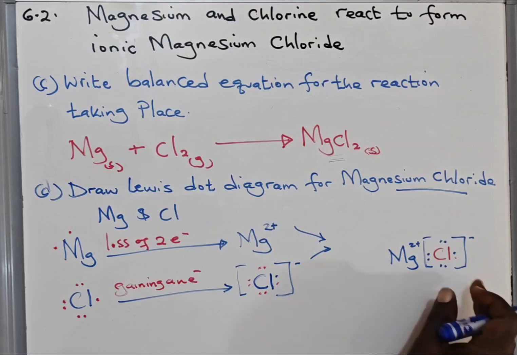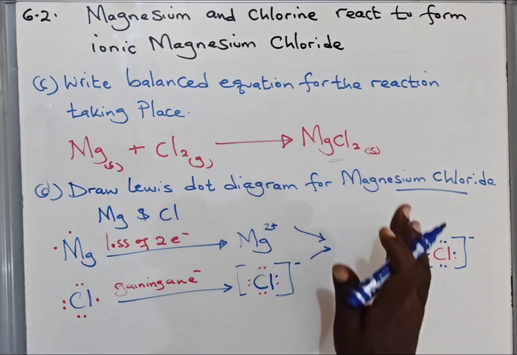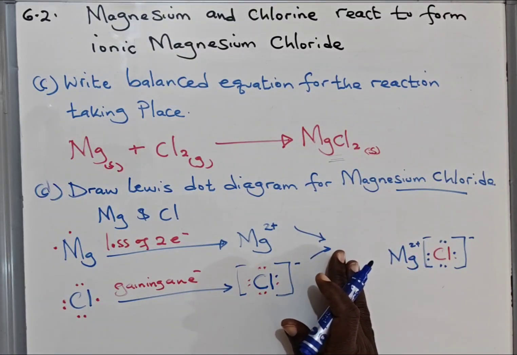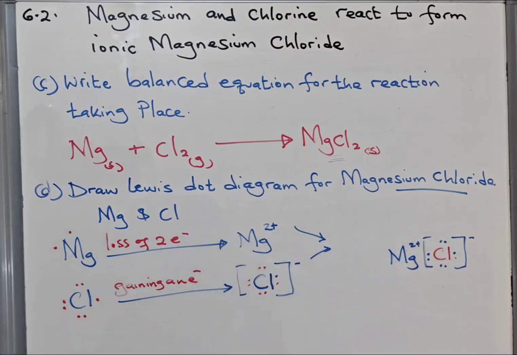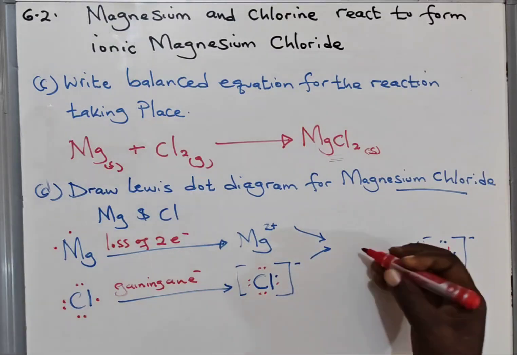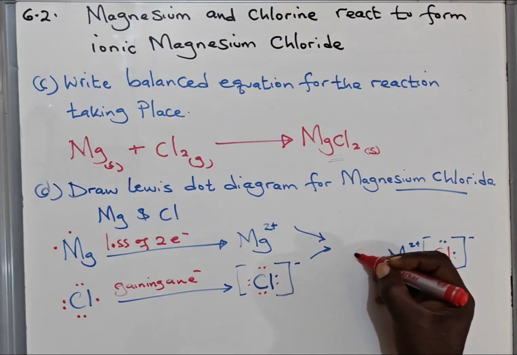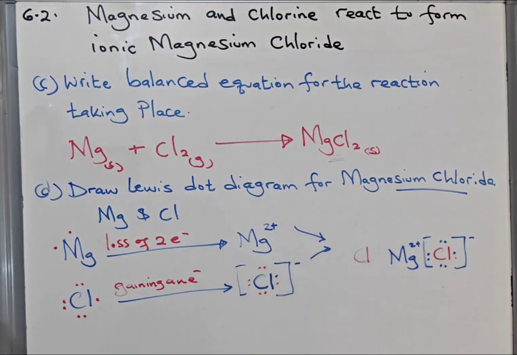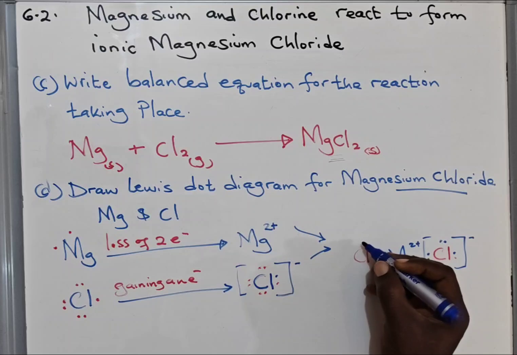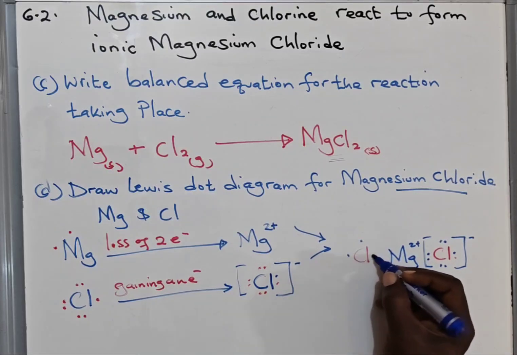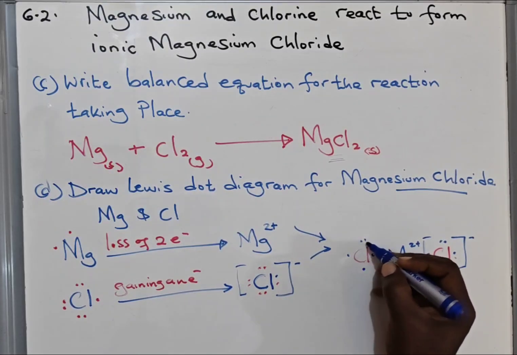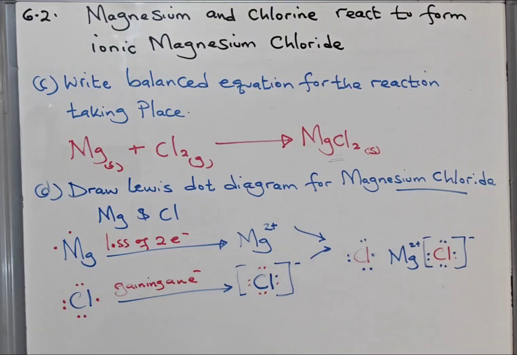That's 1 chloride. Remember, there's supposed to be 2. The second one, the best option is to put it this side, and we say Cl, that's the symbol, and we indicate all the surrounding electrons. Those are the 7.